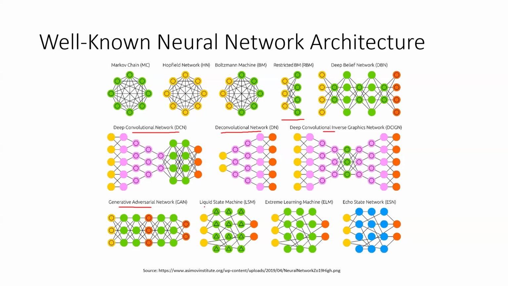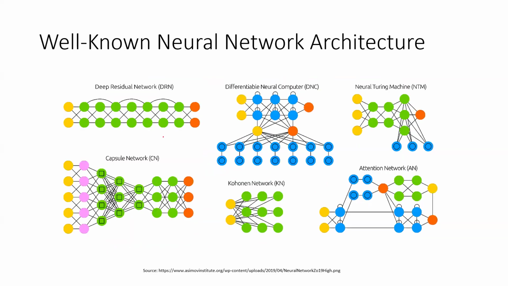And the latest one is known as liquid state machines, which we may discuss this semester, where the internal nodes are randomly organized. A similar kind is known as extreme learning machines, and there's another one known as echo state network, and so on. There are different forms we are not going to discuss.